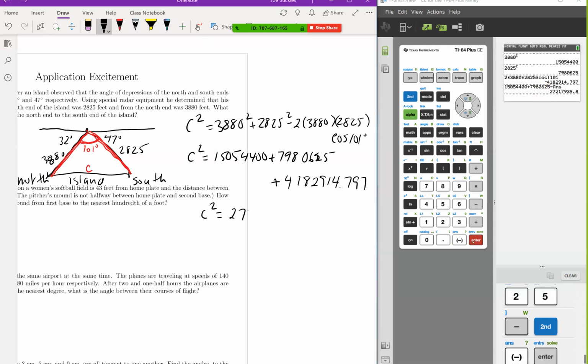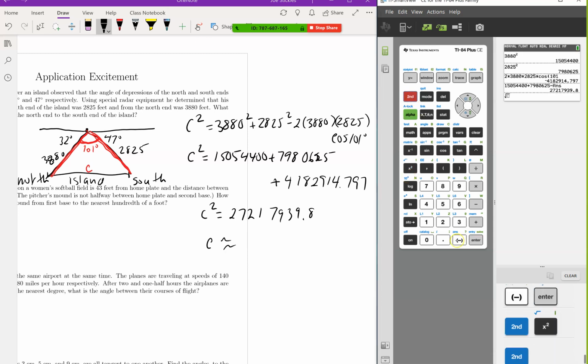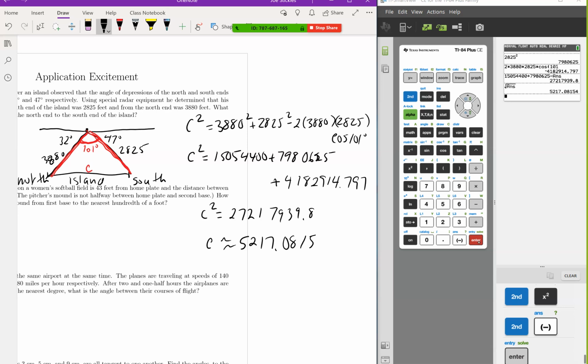Gives us 272,179.39.8, and then do the square root to give us 5217.0815, and that's going to be in feet.